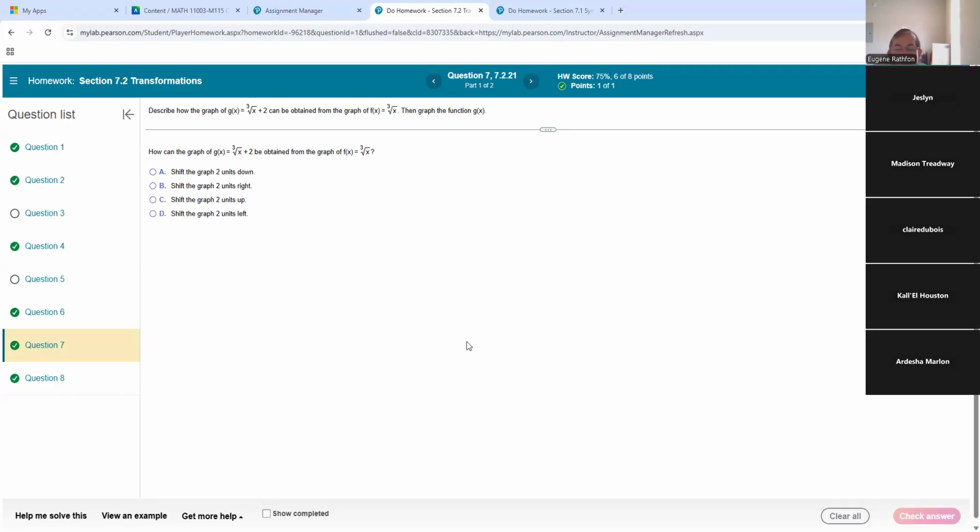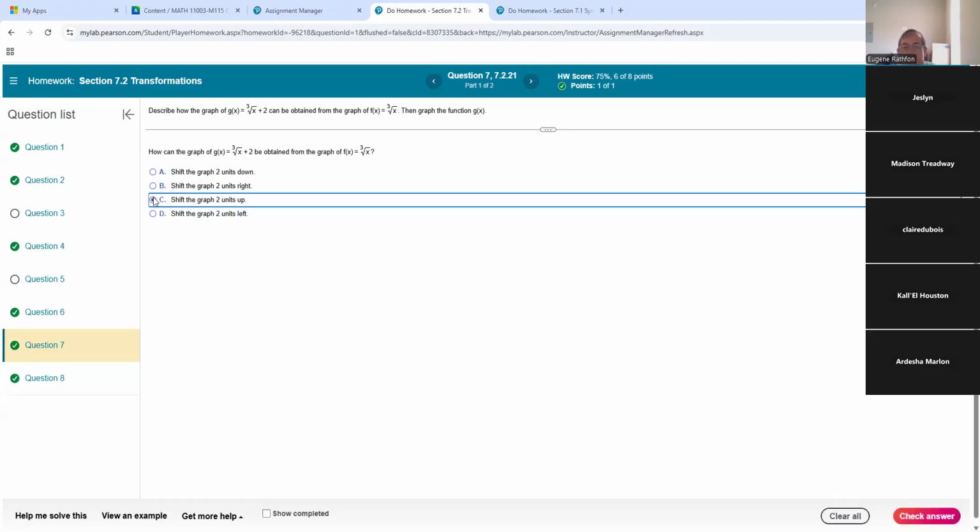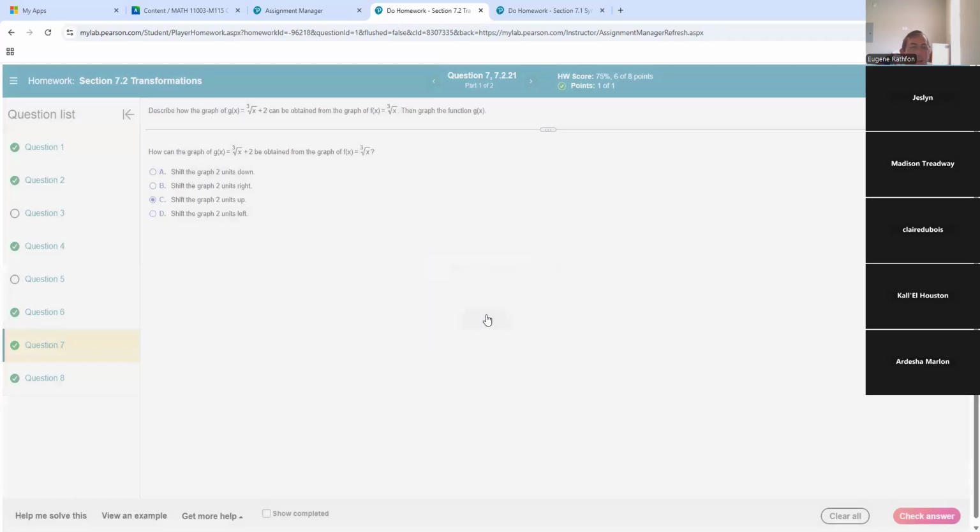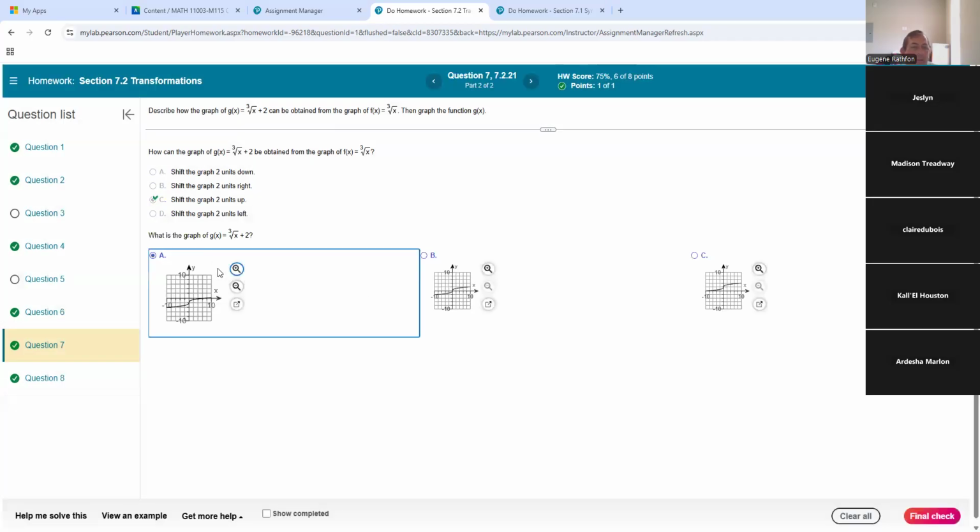So would y'all go with A, B, C, or D? And that's going to go up. So let's see. C is up. Good job, y'all. And then remember that when you checked it, it had your pictures.